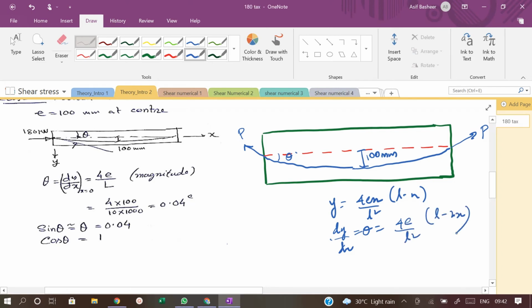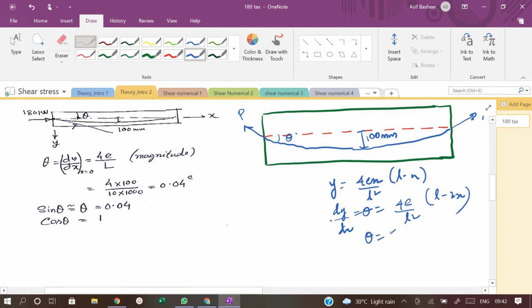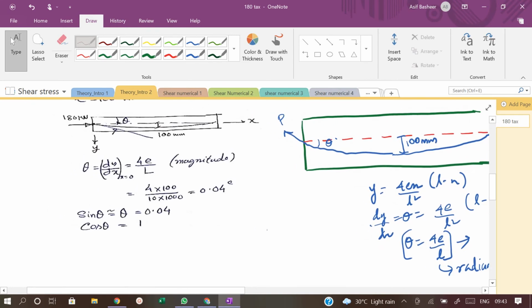At x is equal to 0, you'll get the value for theta as 4e by L. Hope you remember this. That is the magnitude, and this is in radians. Substituting that value over here, you'll get the value for theta.